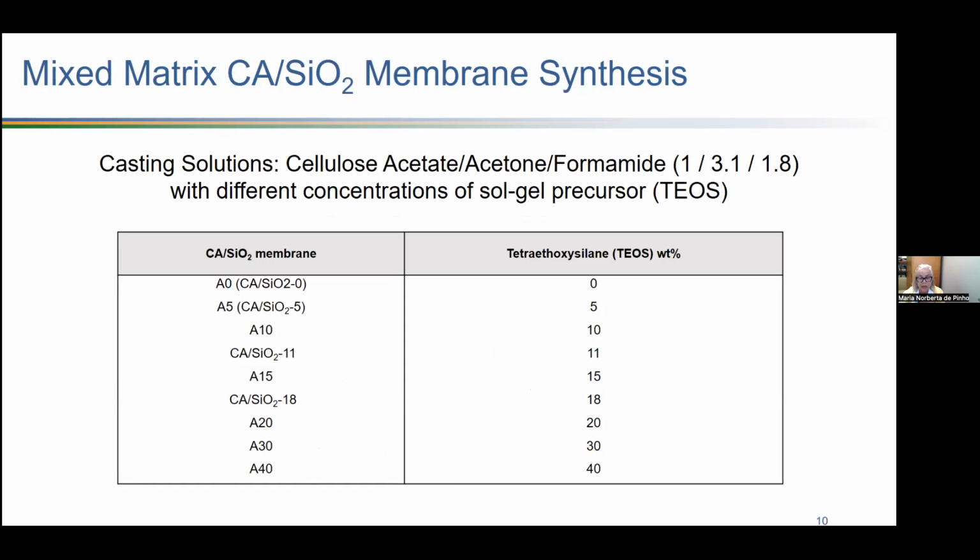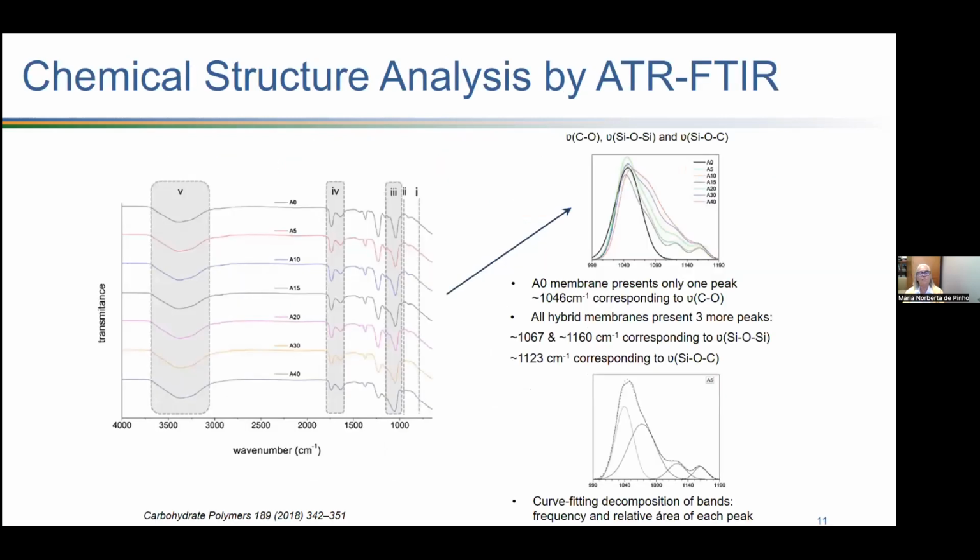Okay, so by ATR-FTIR, we really have the evidence that all hybrid membranes present one particular peak that is very important, Si-O-C. So we have the silica covalently bound to the matrix, and that of course does not exist in the membrane without silica.